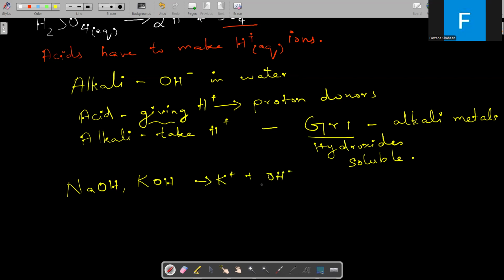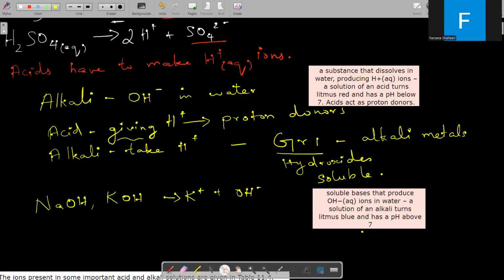So these are group 1 elements and the hydroxide ions. If I put aqueous here, the water changes the state, but it is not a part of the reaction. Okay, so let's take NaOH now, sodium hydroxide.